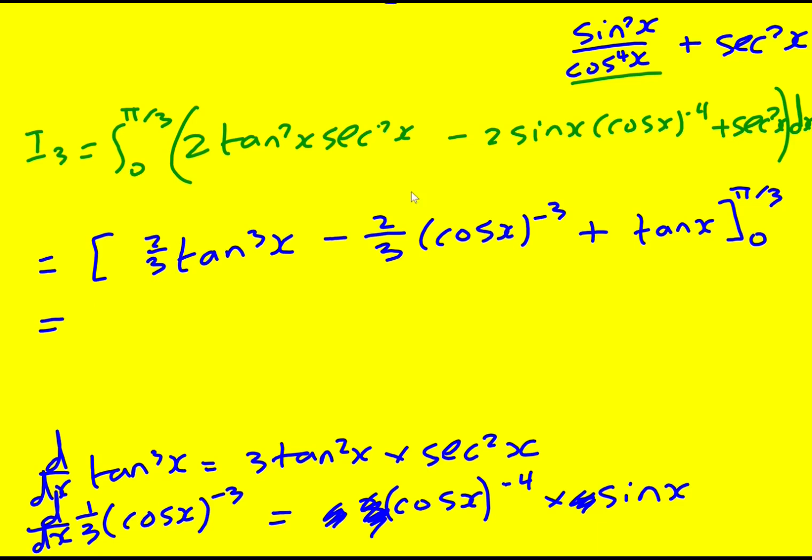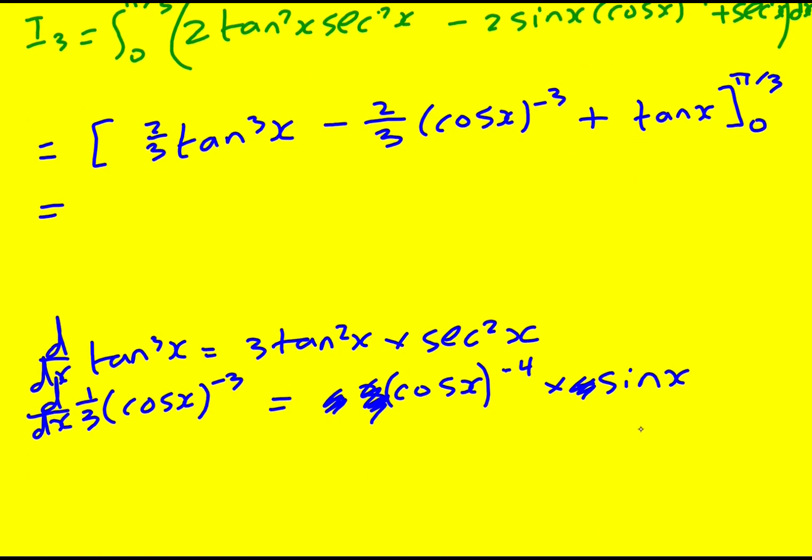Okay, I've written some of these exact tricky values down, but let's just do them again. Tan of pi over 3 is root 3. Tan of 0 is 0. Cos of pi over 3, not written this one down, is a half. And cos of 0 is 1.